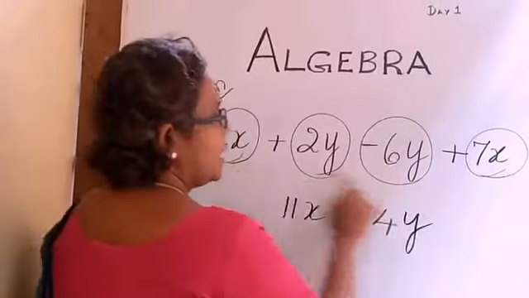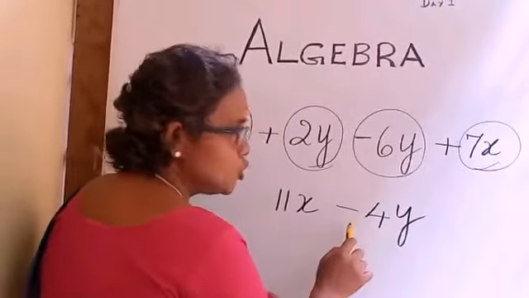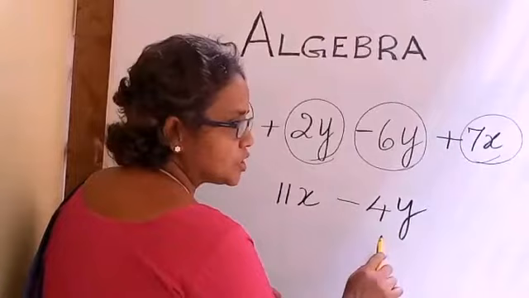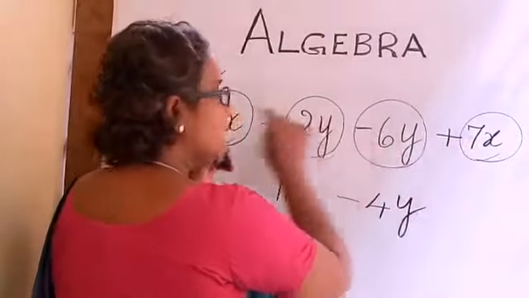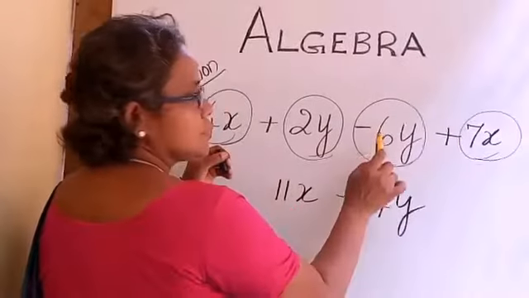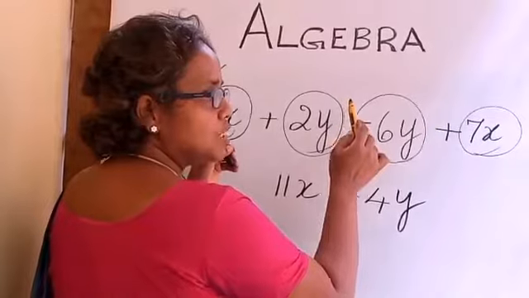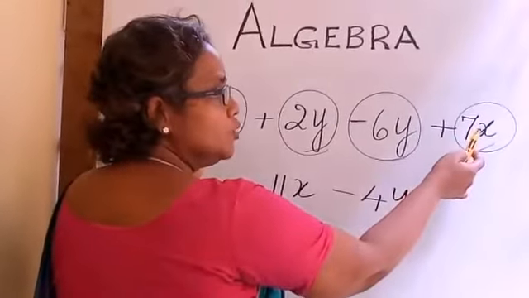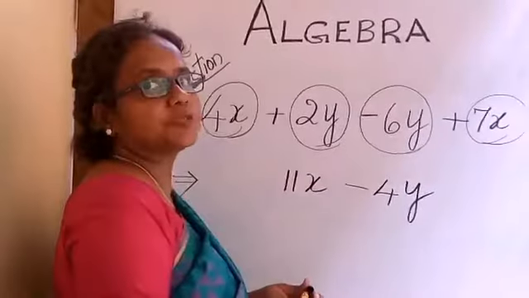So my large algebraic expression is reduced to a smaller algebraic expression. How? Because this large algebraic expression involved like terms. So using the addition operation and the subtraction operation, I am able to reduce a large algebraic expression into a smaller algebraic expression.